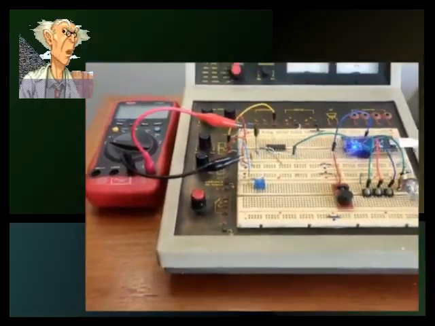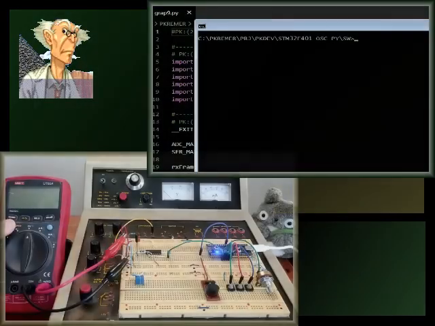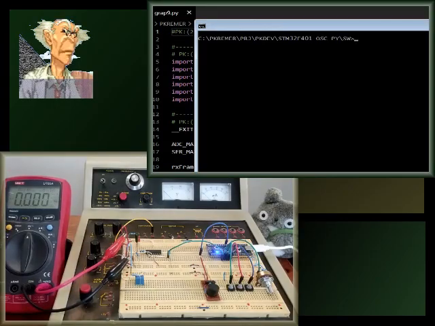Let's run some tests. Power up the breadboard, turn on the multimeter, and launch the Python application.